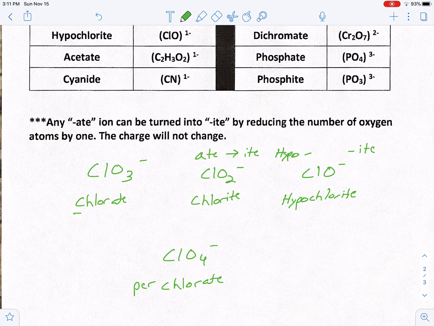So we had our original, which is chlorate. We lose 1 oxygen, it becomes chlorite. If we lose 2 oxygens, this becomes hypochlorite. And if we gain an oxygen, we're still going to keep that ate suffix, but we're going to throw a per on the beginning of it. So this is now perchlorate. So that was just kind of a little refresher on that.